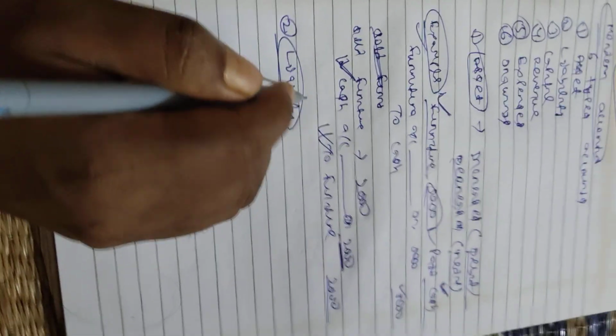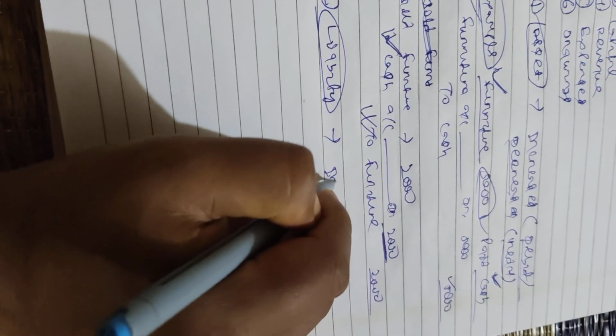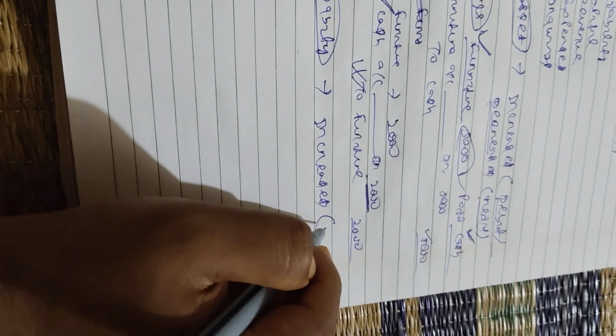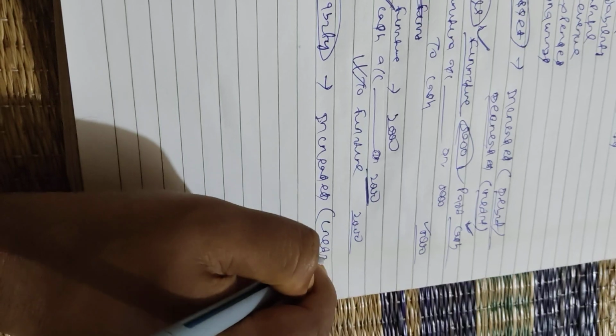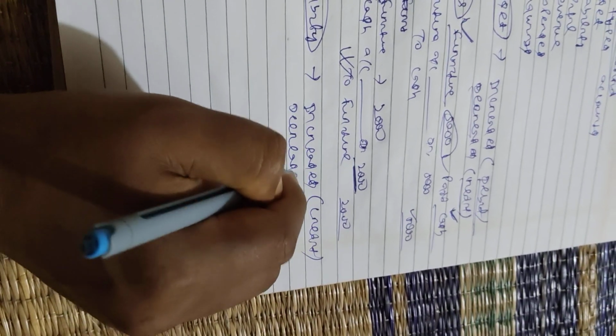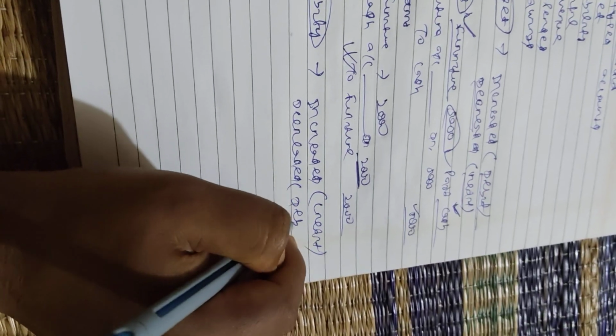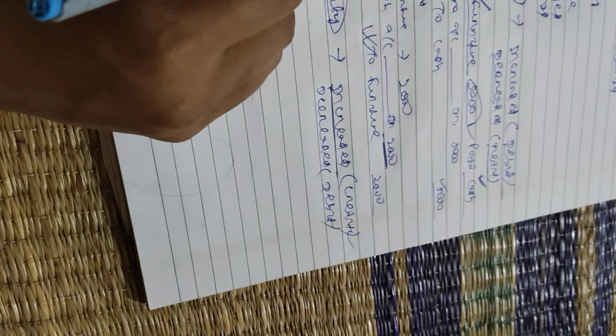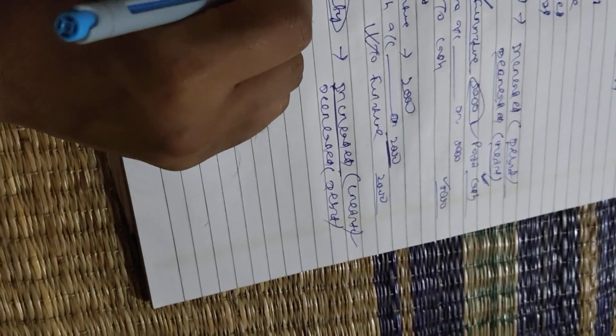In the liability case, if it increases it will be credit, and if it decreases it will be debit. That means if the liability value increases it will be credit. You can take an example.